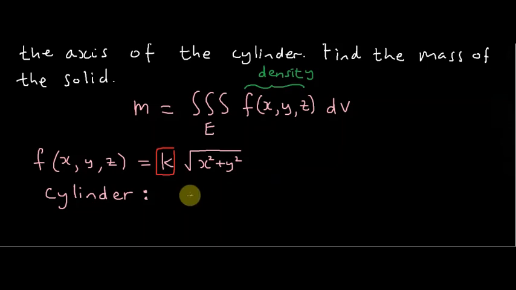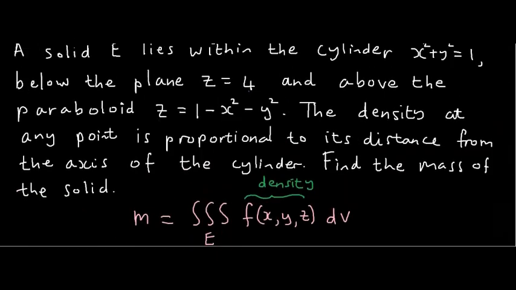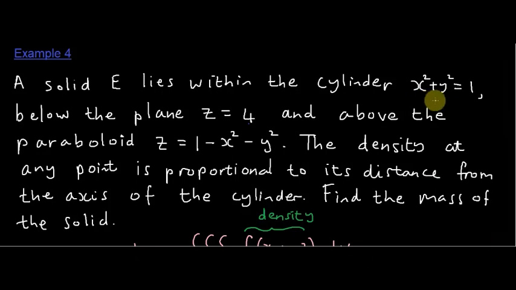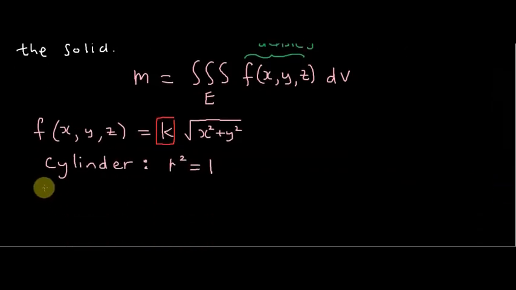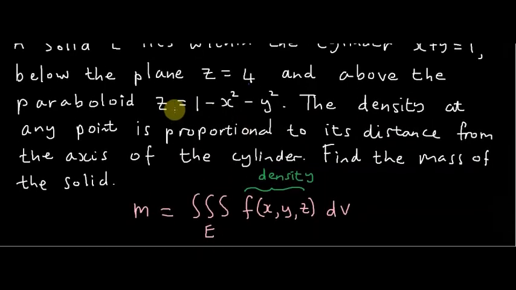So basically it's r squared equals 1. So that's the equation of the cylinder. Then looking at the paraboloid, let's find that in cylindrical coordinates. Here we can see it's going to be z equals 1 minus r squared.